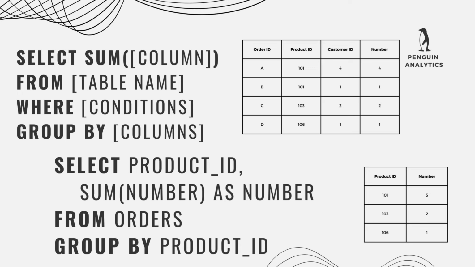You can see in the table on the right-hand side that instead of 4 rows, we have 3 rows, 1 row for each product ID, and the 2 rows in the top table under product ID 101 have been combined into a single row in the bottom table. And the 2 numbers, the number sold, have been summed up. So instead of a 4 and a 1 on 2 different lines, we have a 5 on a single line. Let's take a look at how this works in practice.